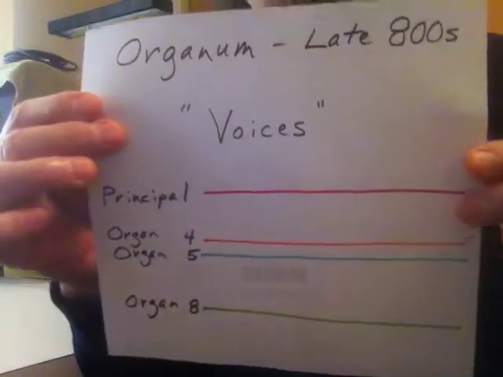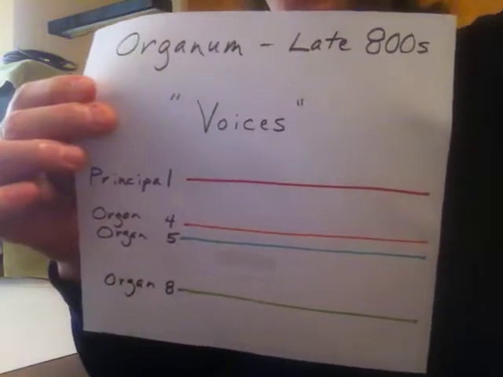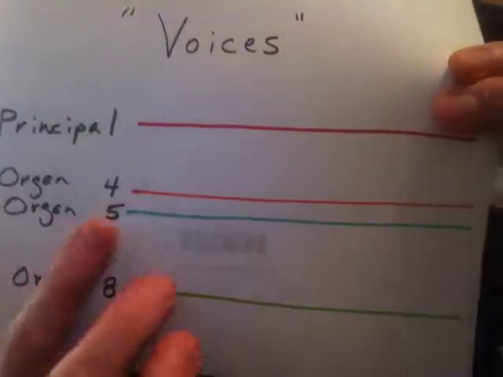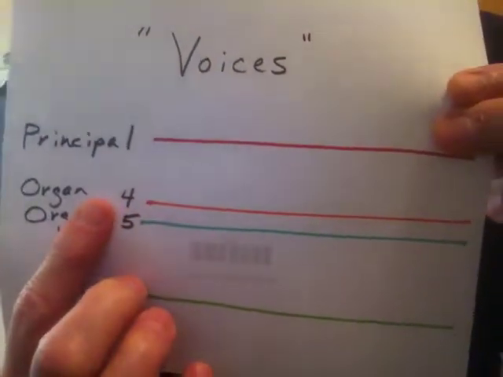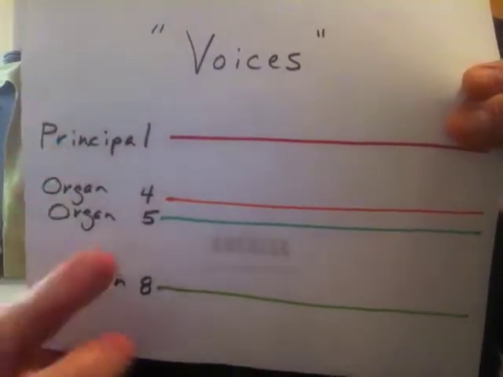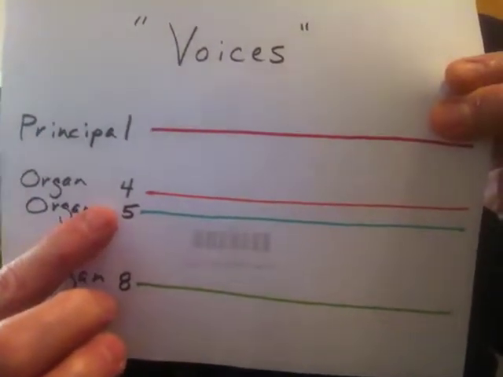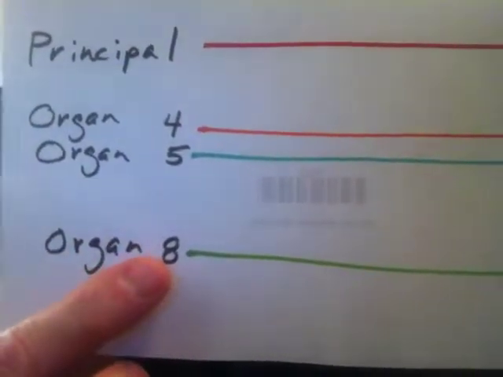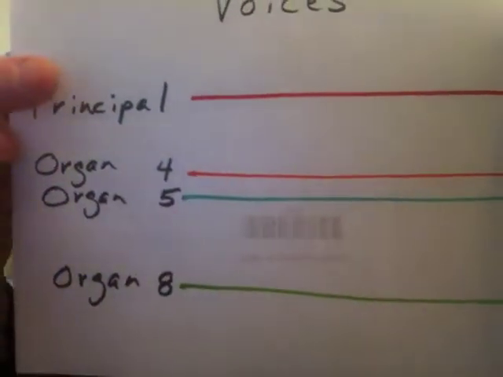Then they decided that someone else would sing a line a perfect fourth below that principal line, or a perfect fifth below, or a perfect eighth, or an octave below that principal line.